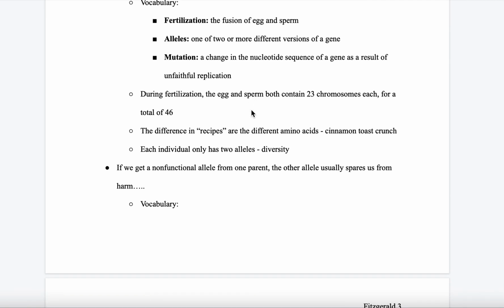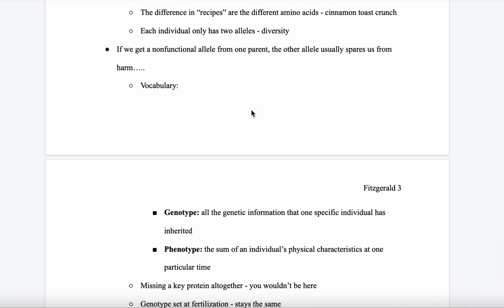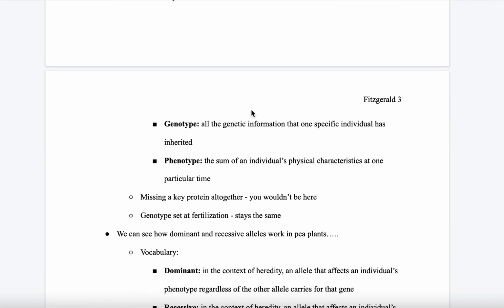Each individual only has two alleles, which is the reason for diversity. So the diversity of alleles is one of the reasons that we are diverse as a community.